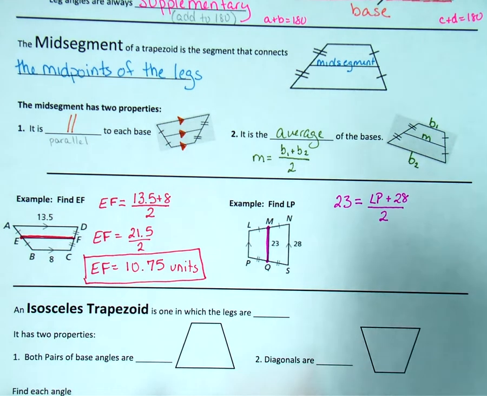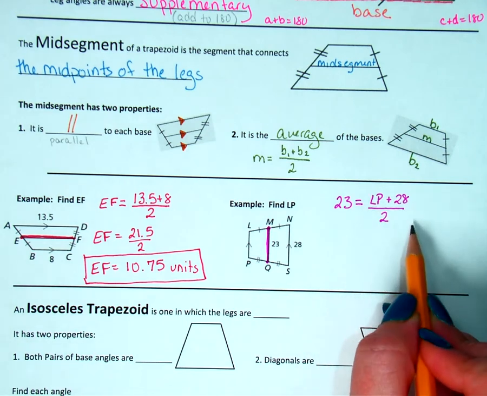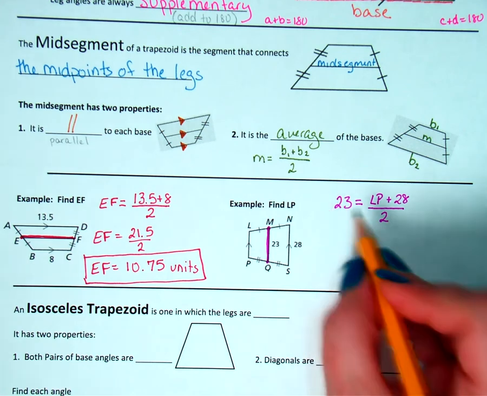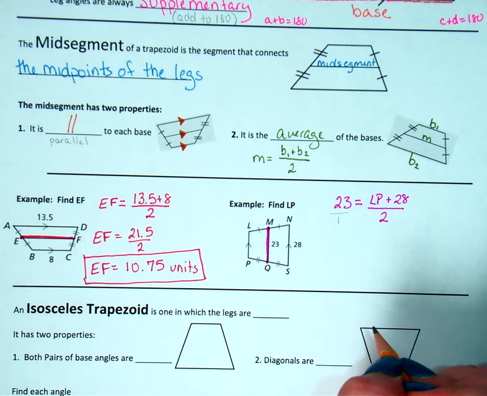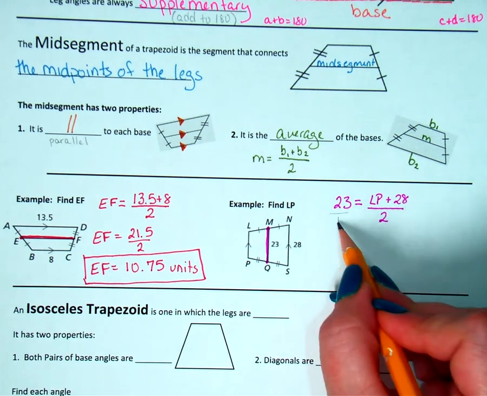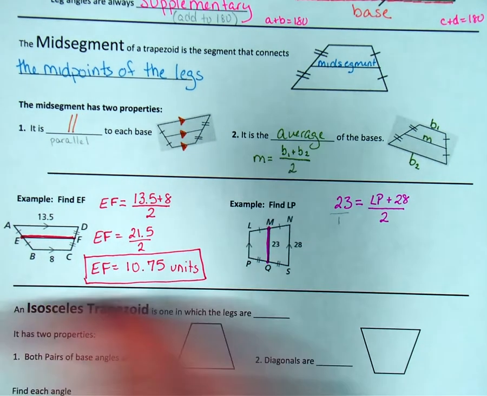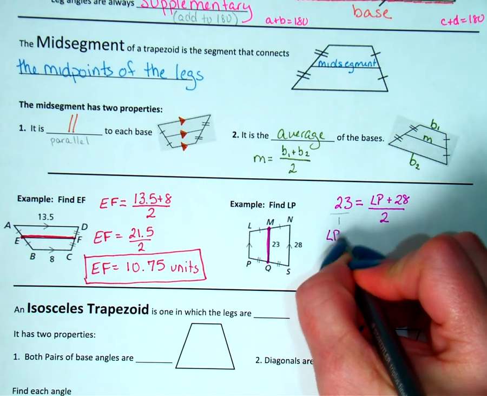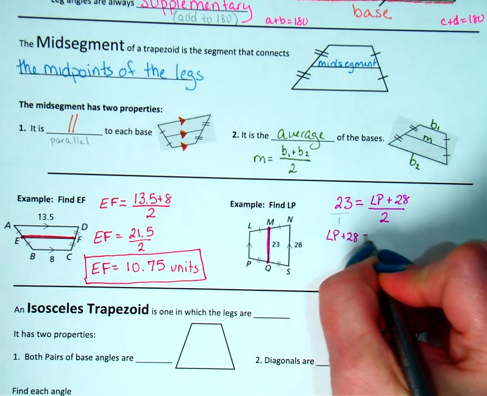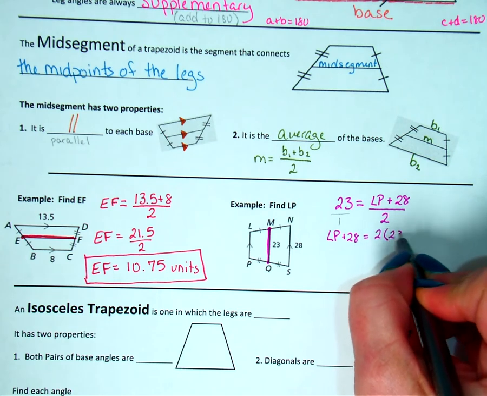Okay? So to solve for this one, there's a couple of things I could do. This is one of the rare places, if I was doing a proof, where it would be a great place to use the multiplication property of equality and multiply both sides by 2. Or I could think of this as over 1 and then cross multiply. If I cross multiply, 1 times this is just all of this, right? So LP plus 28 equals 2 times 23. And again, I just cross multiplied.